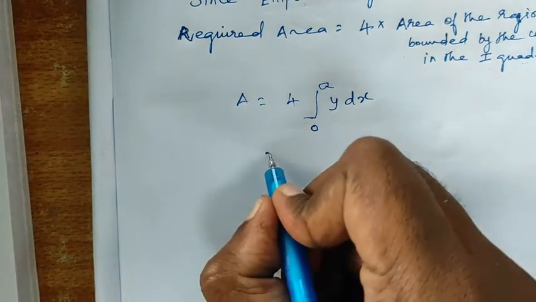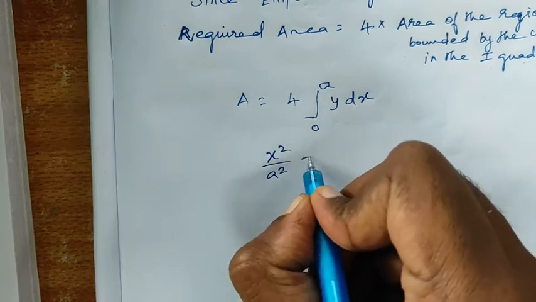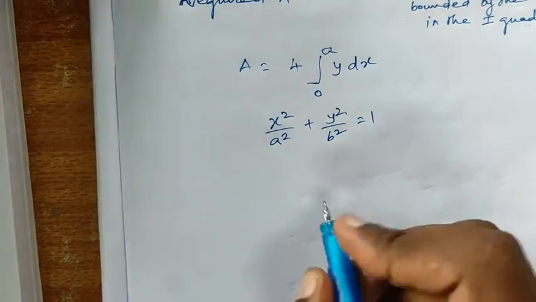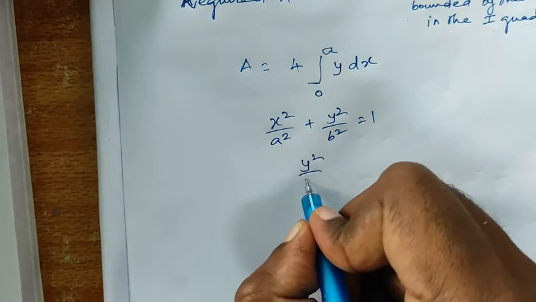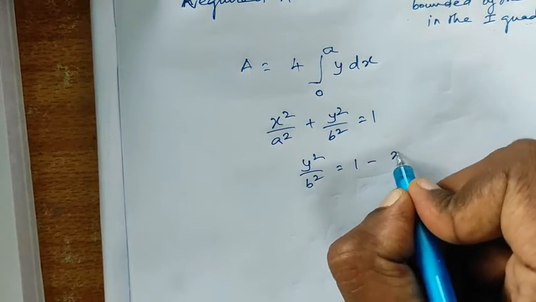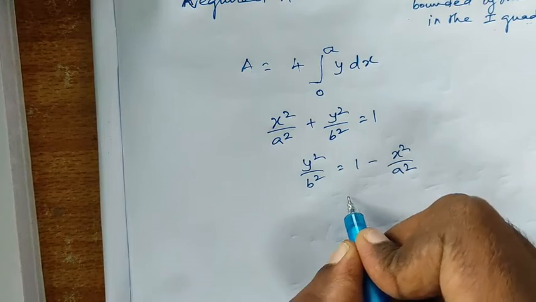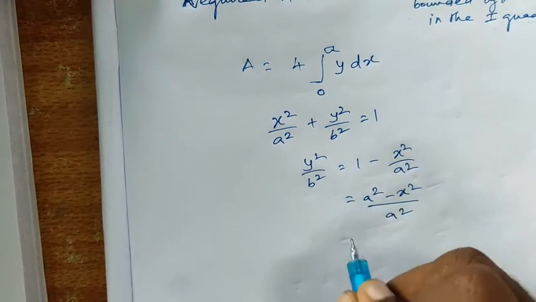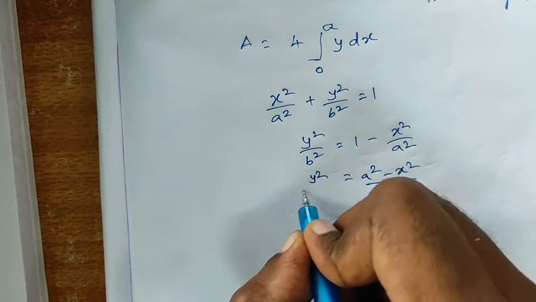So x square by a square plus y square by b square is equal to 1 is the given ellipse. So y square by b square is equal to 1 minus x square by a square, which is equal to a square minus x square by a square.